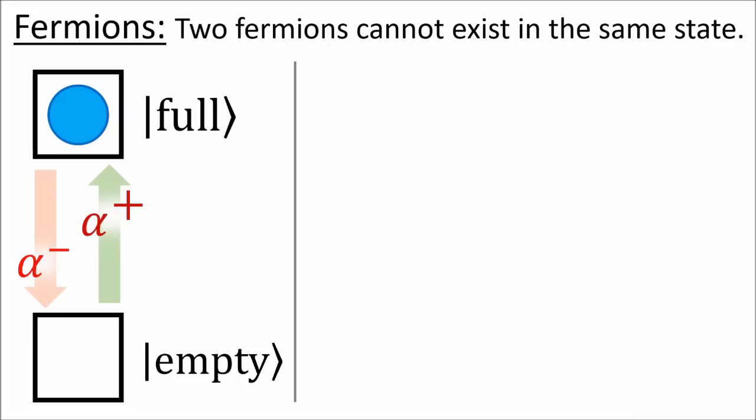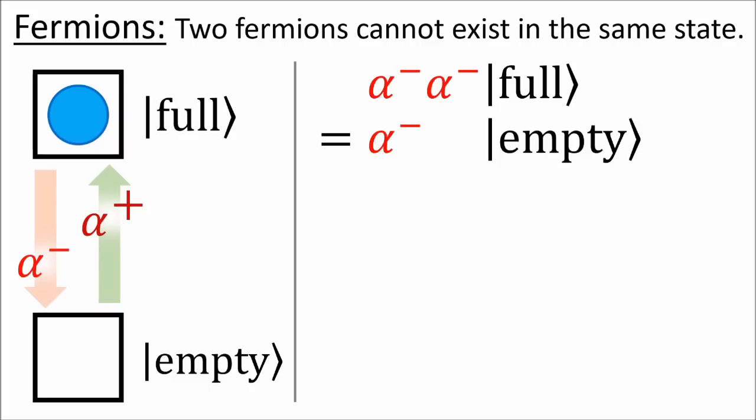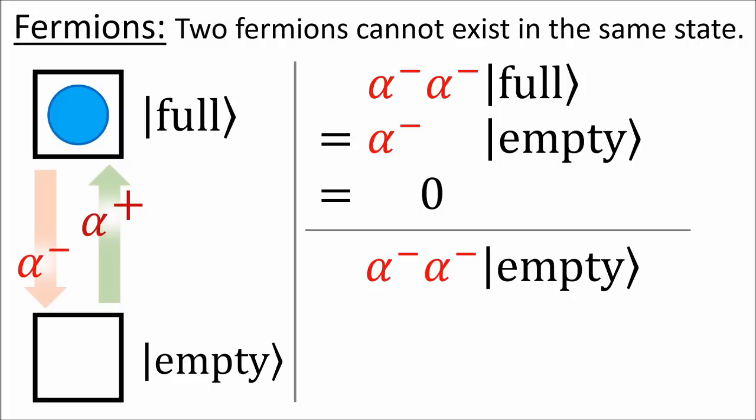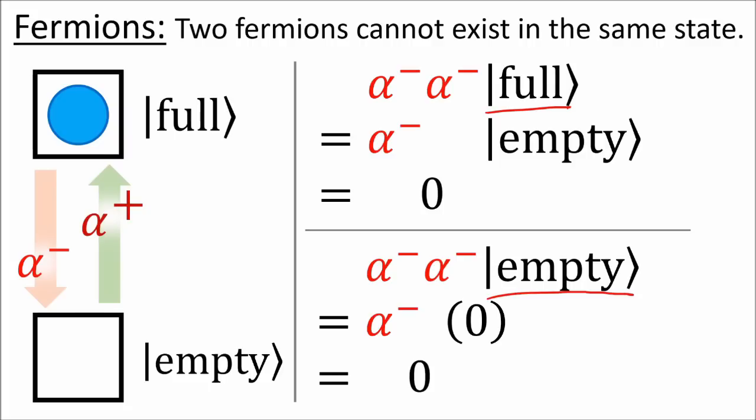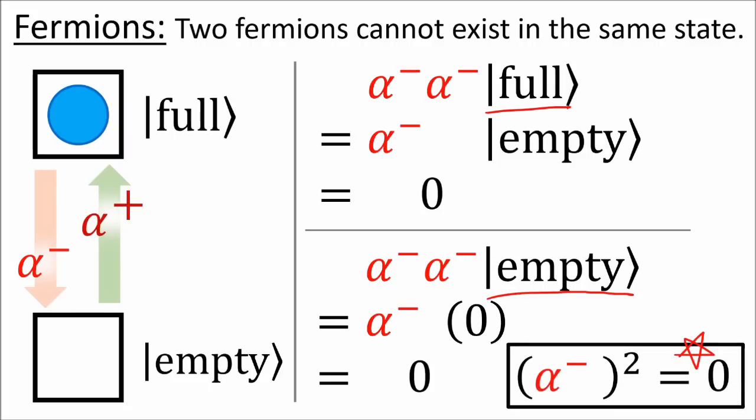The same is true for applying the annihilation operator twice. Applying two annihilation operators to the full state, the first one empties the state, and the second one gives 0. And applying two annihilation operators to the empty state gives us 0 immediately. So applying two annihilation operators always gives 0.